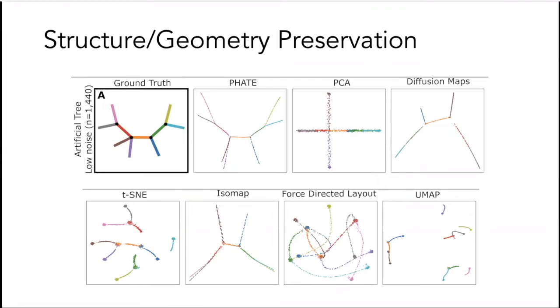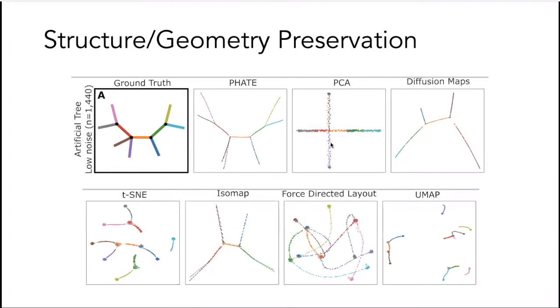TSNE also came out around 2008. TSNE is stochastic neighbor embedding. And so the penalties that were designed and put in there are to preserve neighbors. So if you're trying to preserve just neighbors, unless your manifold is uniform and perfectly connected, you're probably not going to be preserving the global geometry. And we see this on this artificial tree data set that TSNE and UMAP can create shattering, because overall their goal is to preserve neighborhoods.